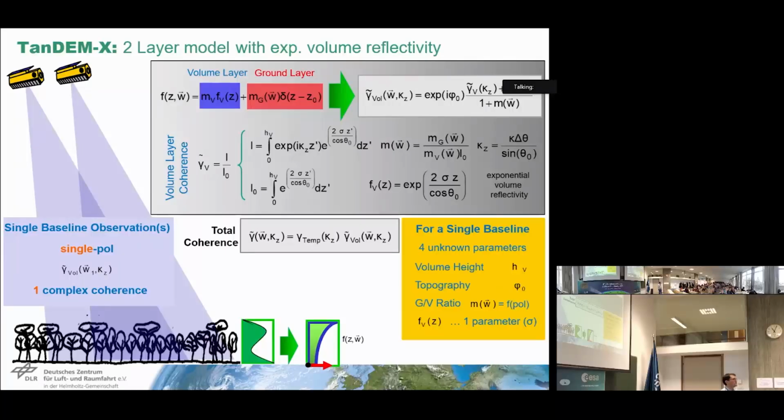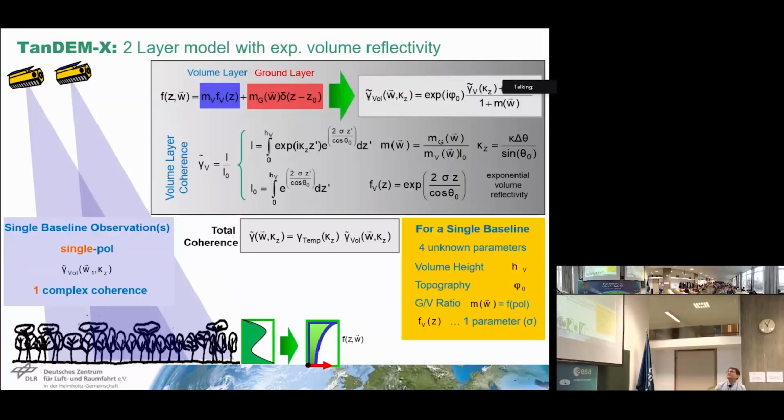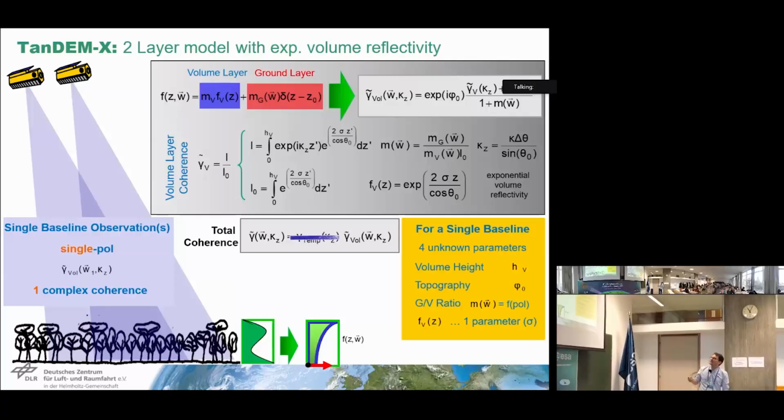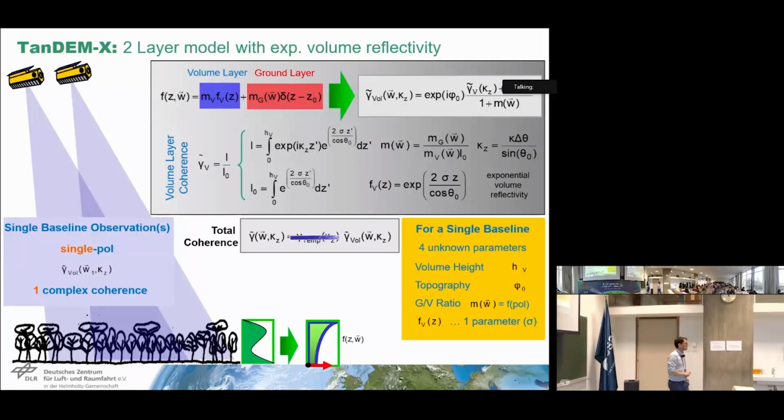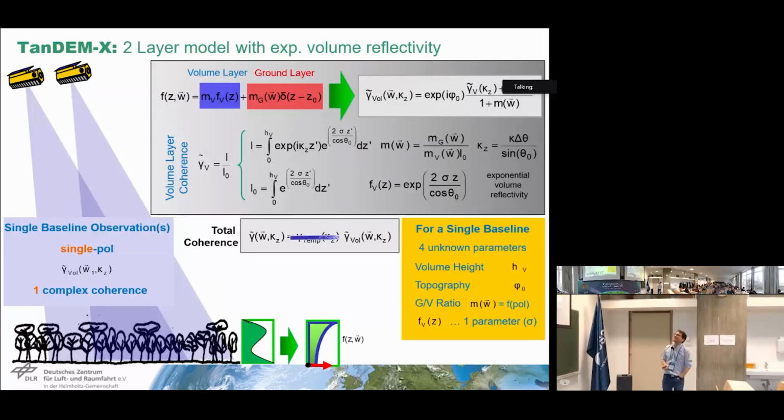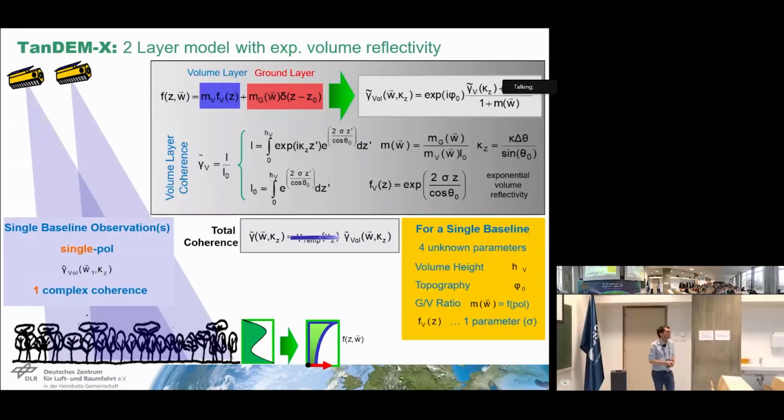Too much. Let's start to make hypotheses. So what do we kill? Temporal decorrelation. TanDEM-X, single pass, no temporal decorrelation. What do we kill next? What would you kill? Let's put it like this. So it's X-band. Maybe you don't penetrate too much. What do you kill in this model here? You remove the ground. So this means you can still penetrate at the ground.